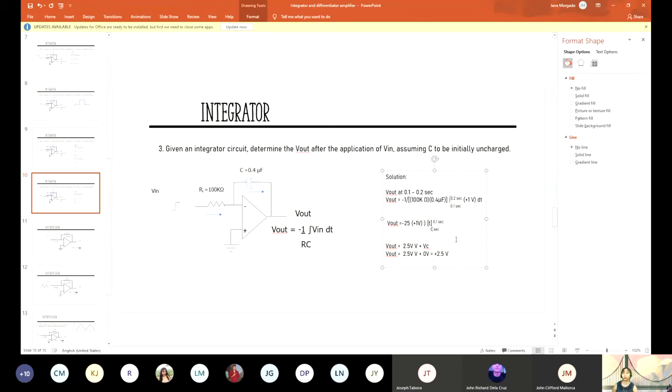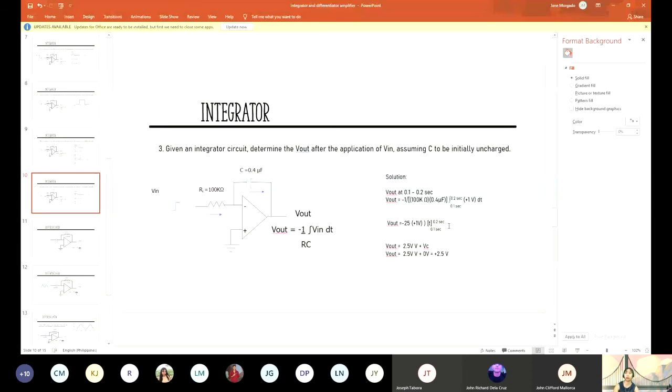Then from 0.1 to 0.2, what would be the answer here? Negative 25 plus positive 1 times t, 0.2 minus 0.1. So it's still 0.1. 0.2 minus 0.1 second. Right?